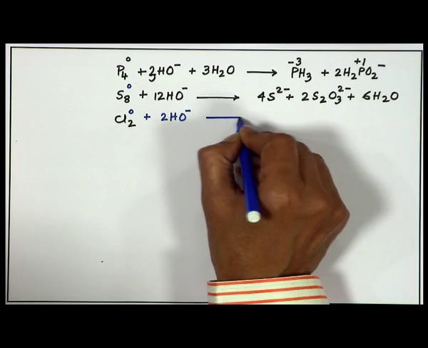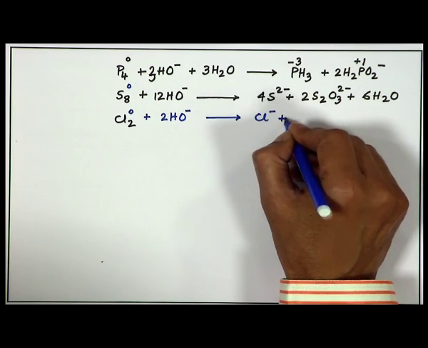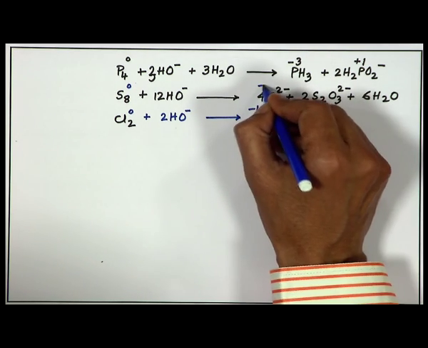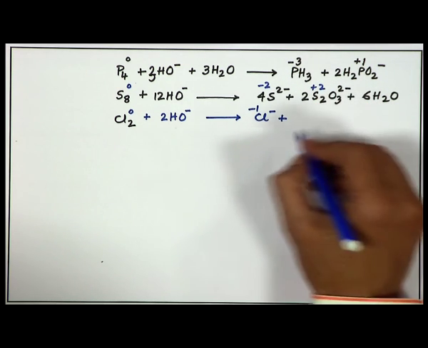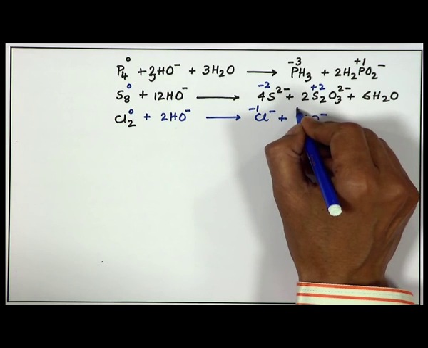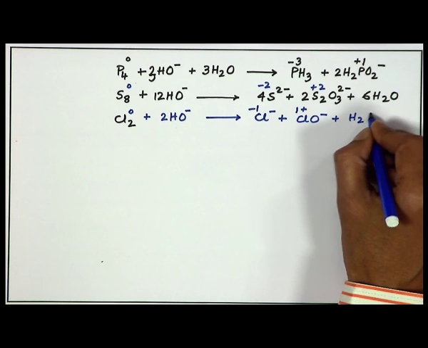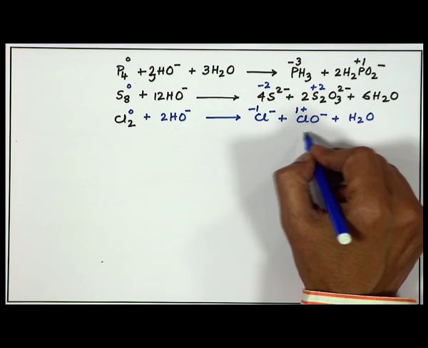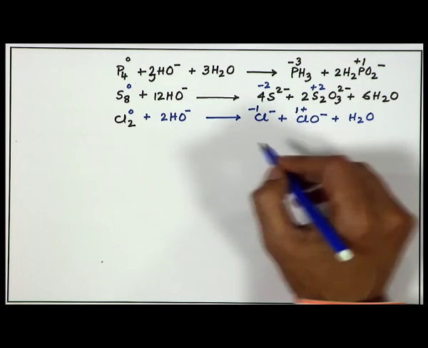Only in the basic medium, we all know that we will be forming the reduced version, which is -1 oxidation state, this is -2 oxidation state, and this is also +2. So, the chloride ion will be forming along with ClO minus, where chlorine is +1, and some amount of water. So, this is typically the hypochlorite solution, or the common bleach we call, the laundry bleach, which can be formed from the reaction medium by reacting this chlorine.